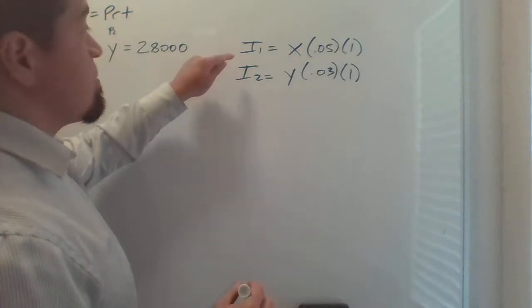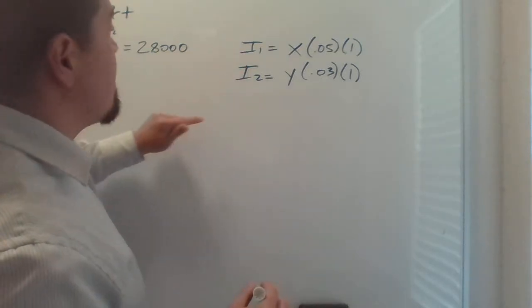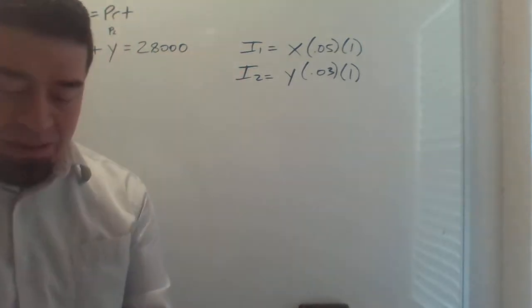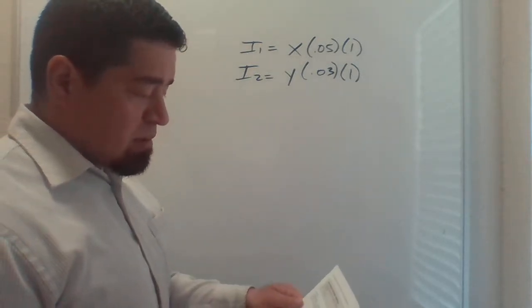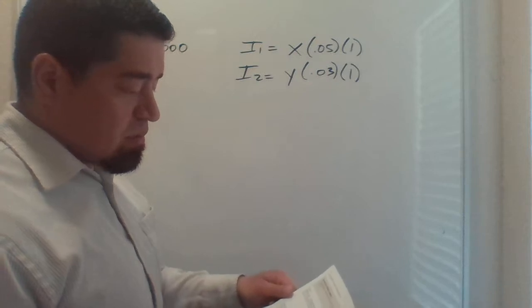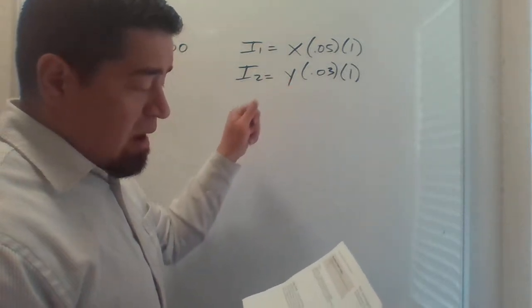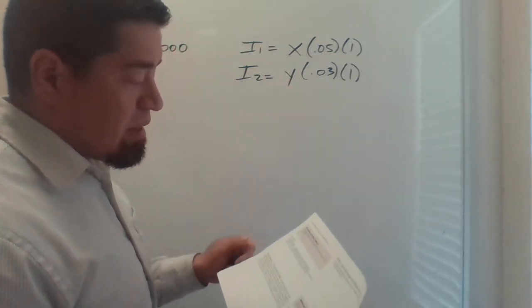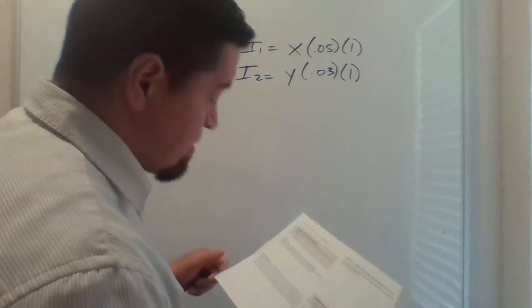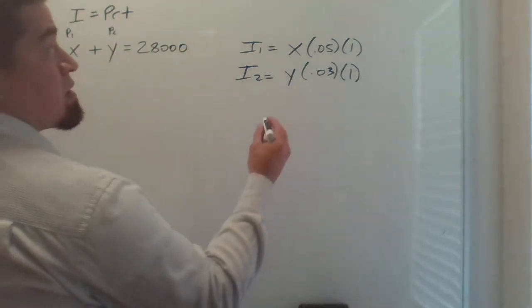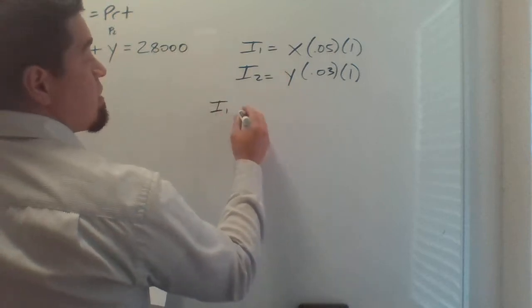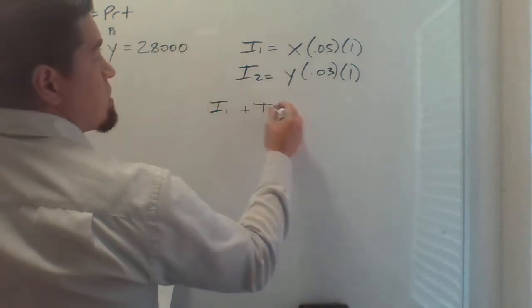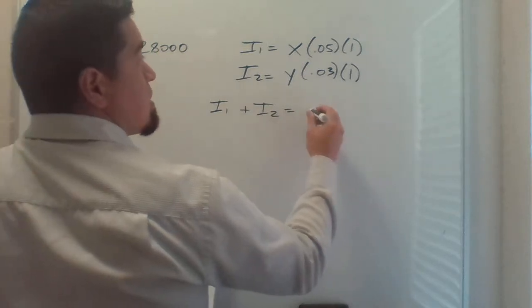So you have interest 1 and interest 2, and if we keep reading, the next statement says one loan's at 5% simple interest, the other loan's at 3% simple interest. That's where these two come from. After 1 year, Demarion owes $1,040 in interest. In other words, this is the interest after 1 year for the first investment plus the interest after 1 year for the second investment.